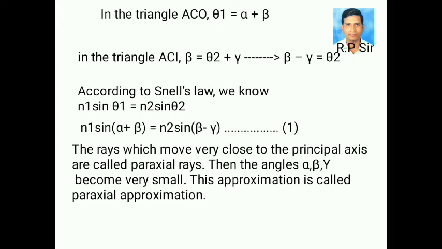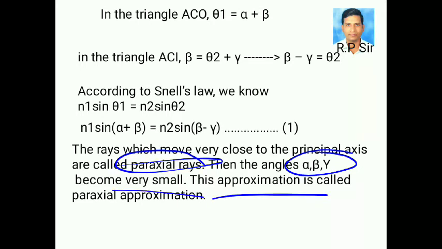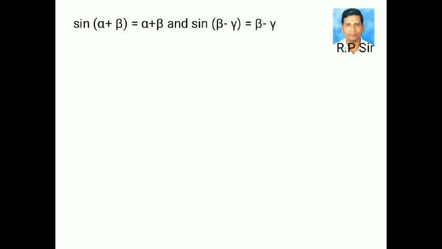The rays which move very close to the principal axis are called paraxial rays. Then the angles alpha, beta, gamma become very small. This approximation is called paraxial approximation. Then sin(alpha plus beta) becomes alpha plus beta, and sin(beta minus gamma) becomes beta minus gamma.